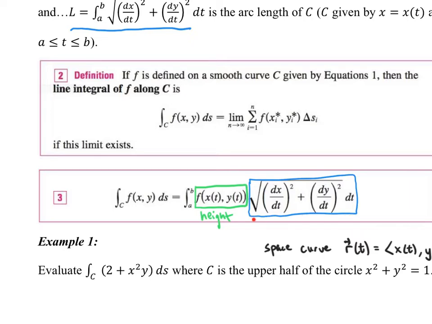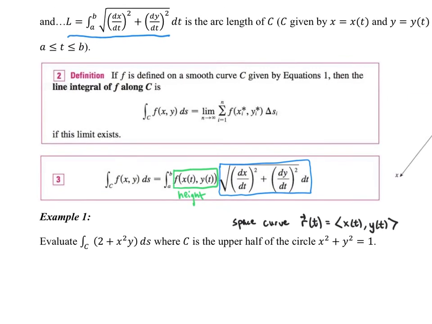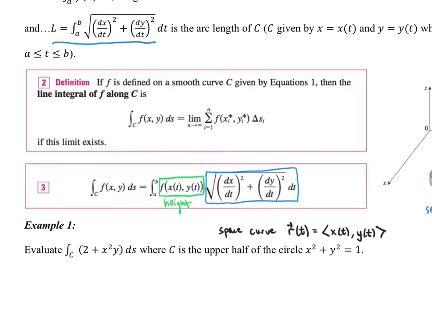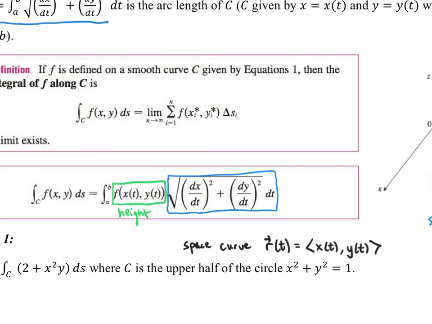Now, how does this connect specifically to, in this case, if we have r of t, an equation of r of t? Basically, and I'd say this is an easier way to understand this, what we're really calculating here is the integral from, let's say, a to b of f of the vector r of t.